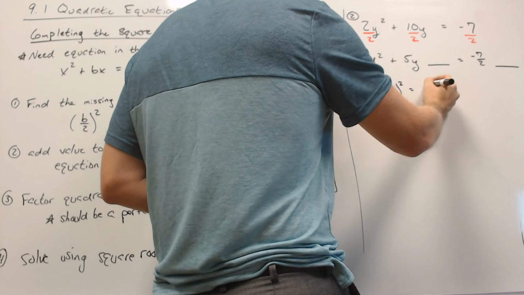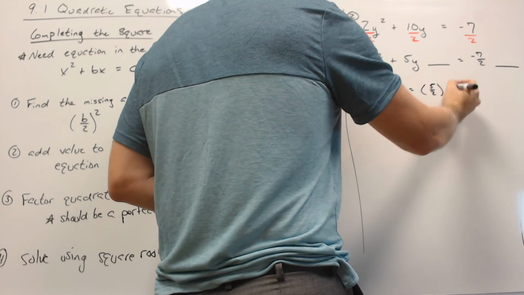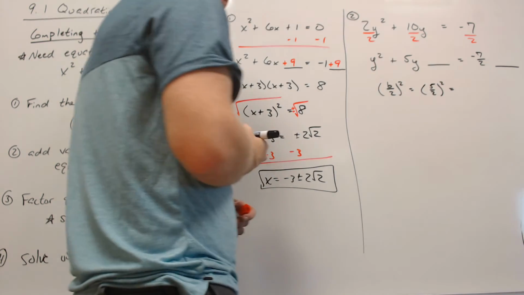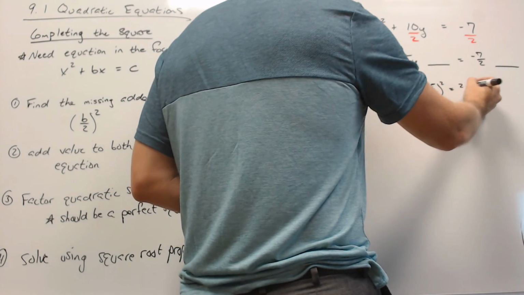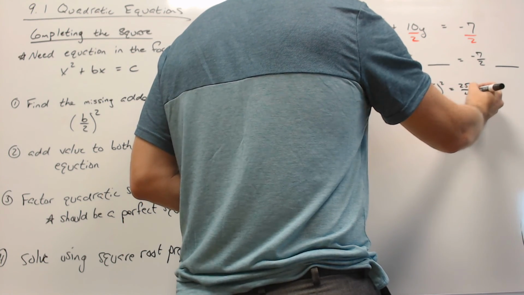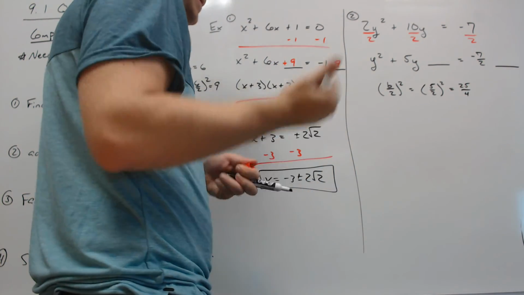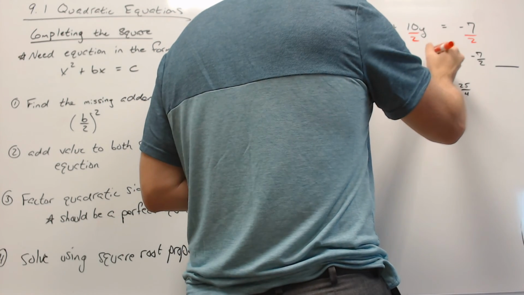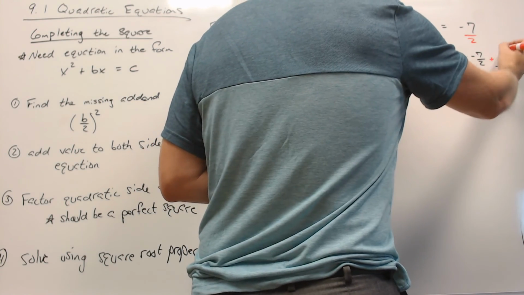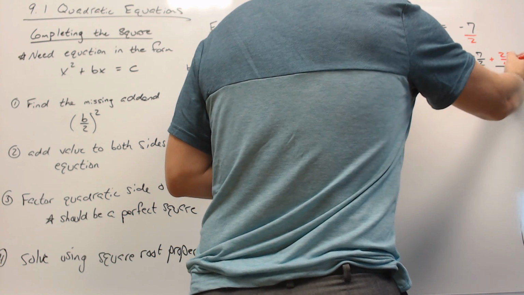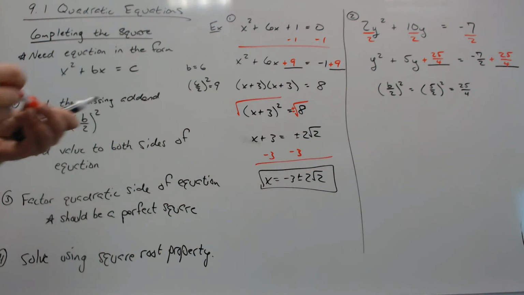So it's 5 over 2 squared. And we can square both of these, so that's 25 over 4. Add 25 over 4 to both sides of this equation.